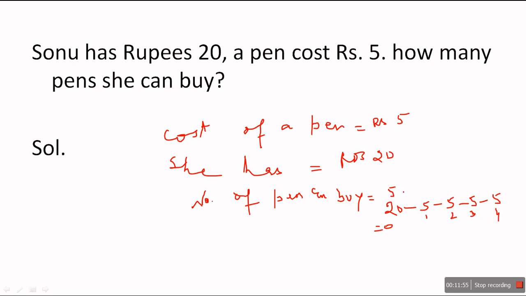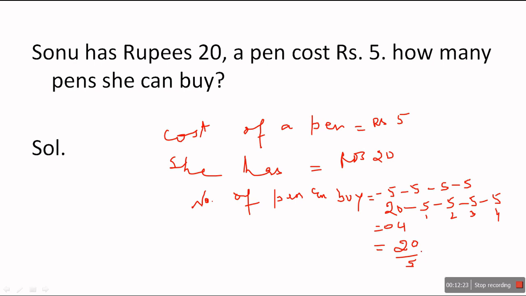Total how many pens can she buy? By subtracting repeatedly, 1, 2, 4. So total pens she can buy is 4. Or how can I do it with division? 20 divided by 5.